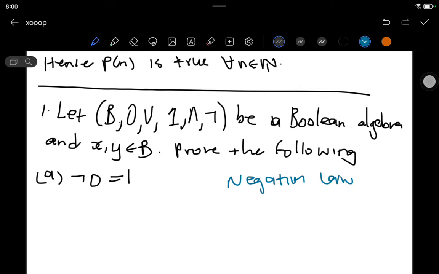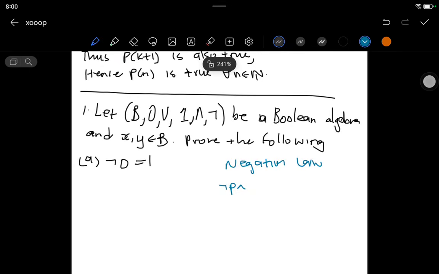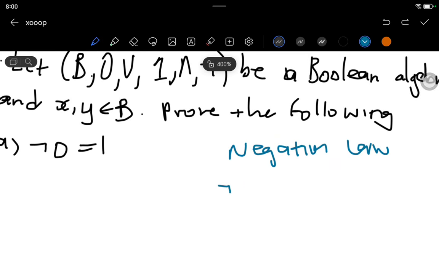The negation law says this. Since we're using X and Y, let's say the negation of X and X. It's like you're having a statement and its negation. You're computing them, and this is logically equivalent to false, which is 0 in this case.